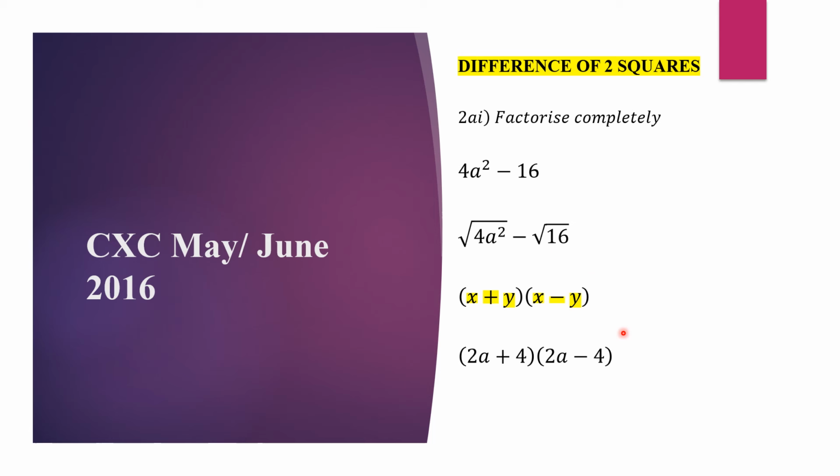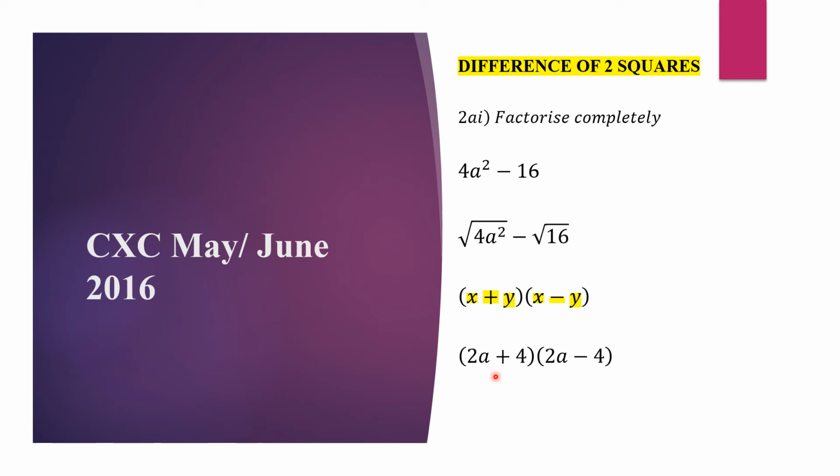But let us remember now that the difference of two squares has one set of brackets with an x value plus a y value, and the other set of brackets with an x value minus a y value. So when we find the square root of 4a squared, the answer is 2a, and the square root of 16 is 4.